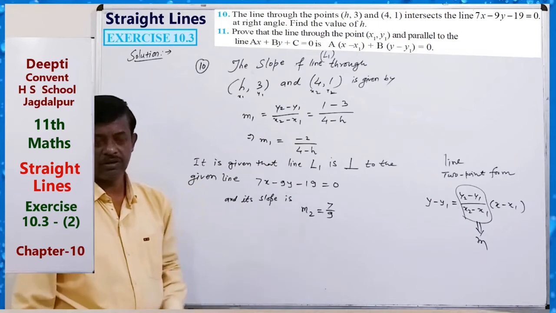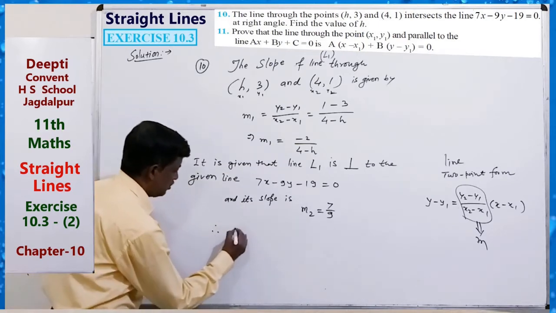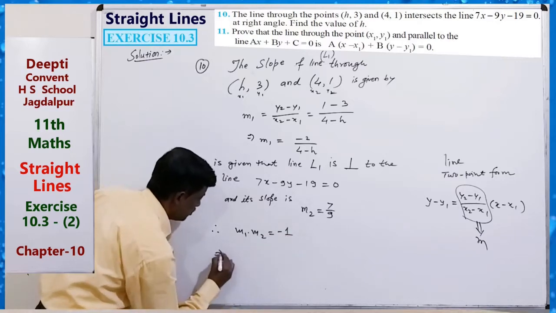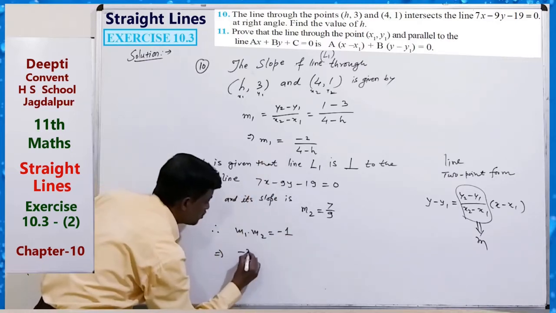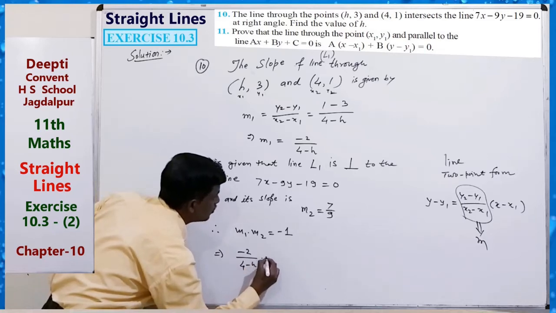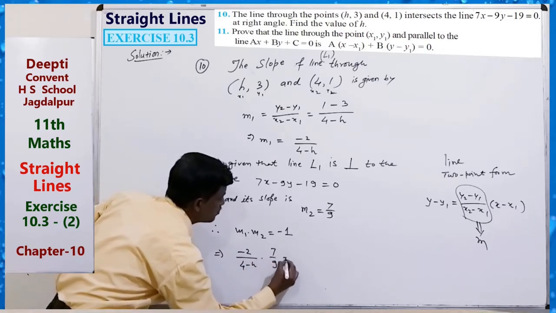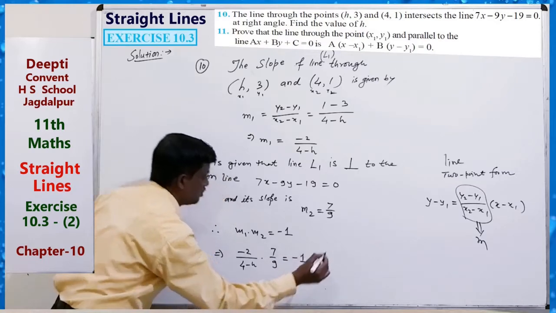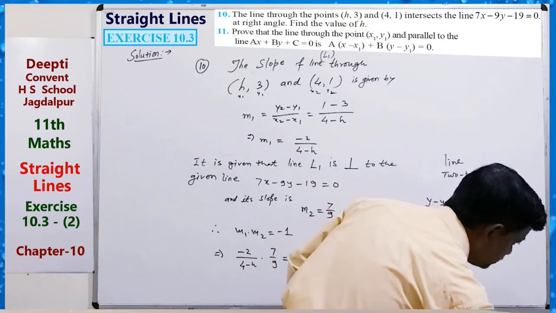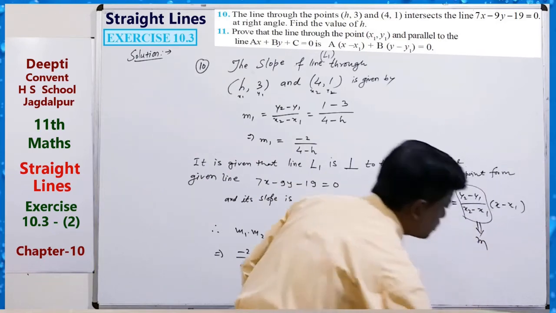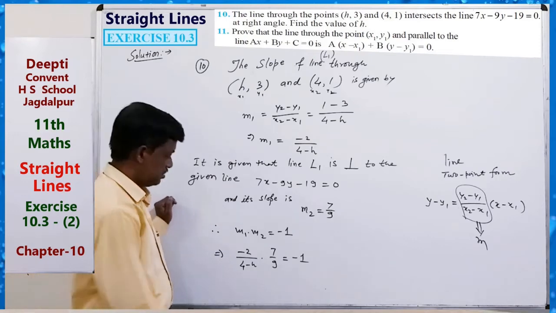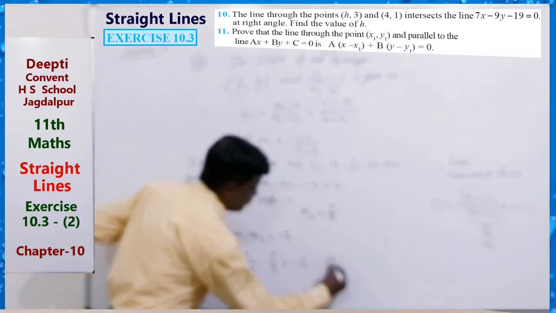These two are perpendicular, so m1 times m2 equals minus 1. So minus 2 by 4 minus h into 7 by 9 equals minus 1. Just solve it and you can get the value of h.